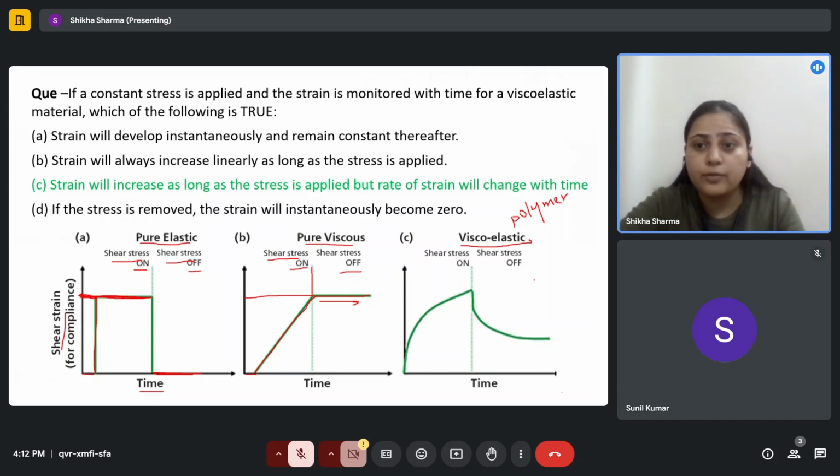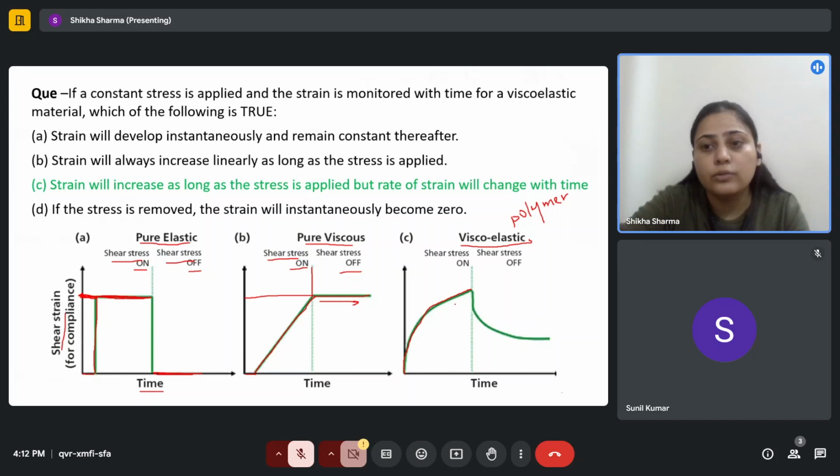So when we apply shear stress in the polymer or viscoelastic material, what is going to happen? The strain will increase and be there in the material, right? But it will not increase linearly as in the case of the pure viscous material.